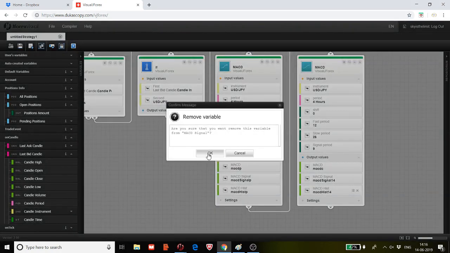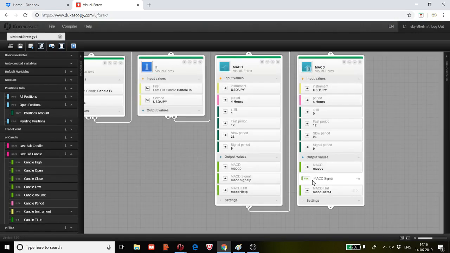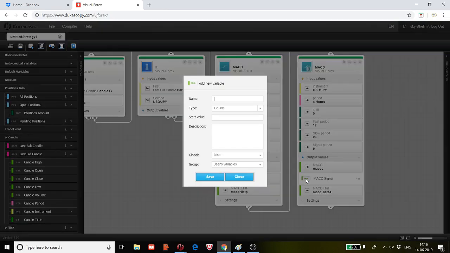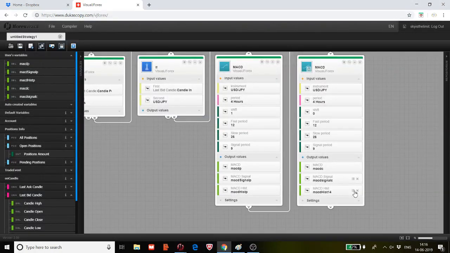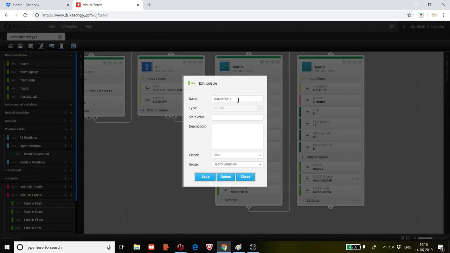Similarly MACD signal C. Then here I will change the MACD histogram to C, current, and start value 0, and save.